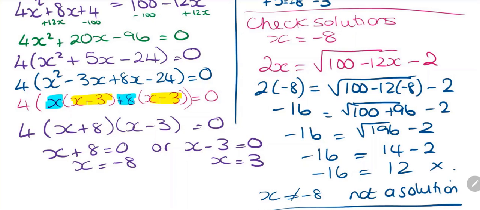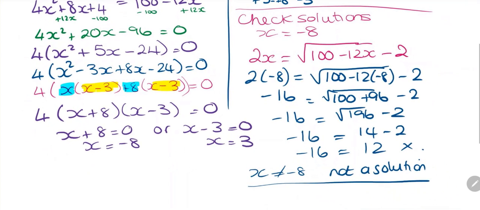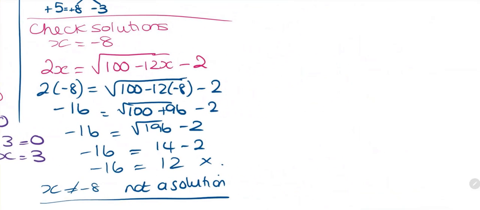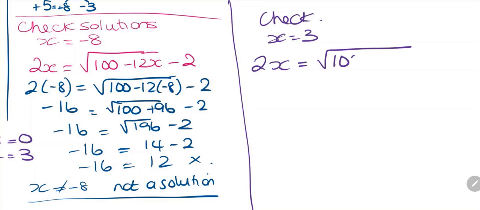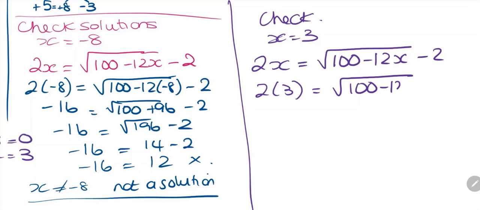So now we need to check the next value, the solution of x is equal to 3. In the same equation, 100 minus 12x minus 2, and substitute in 3. So that's 100 minus 12 multiplied by 3, and 2 times 3 is 6.